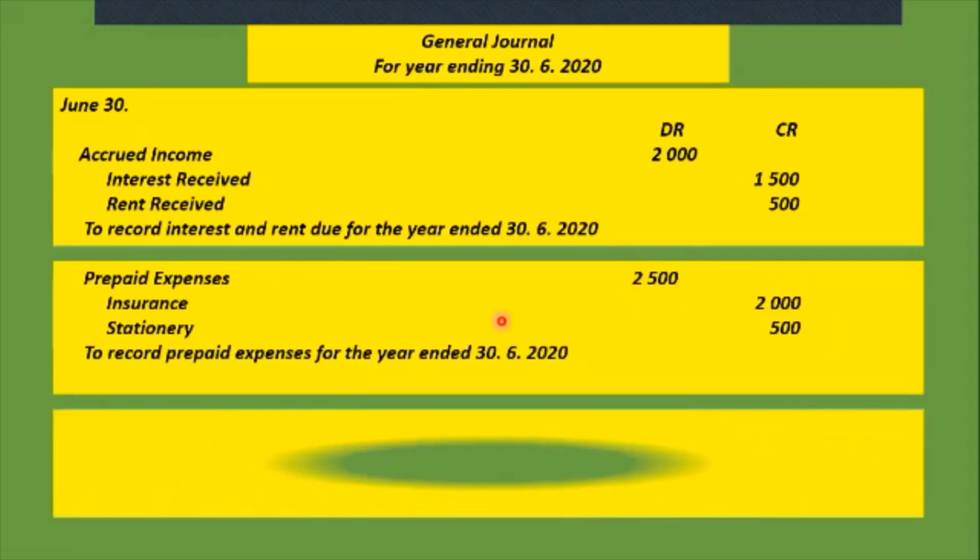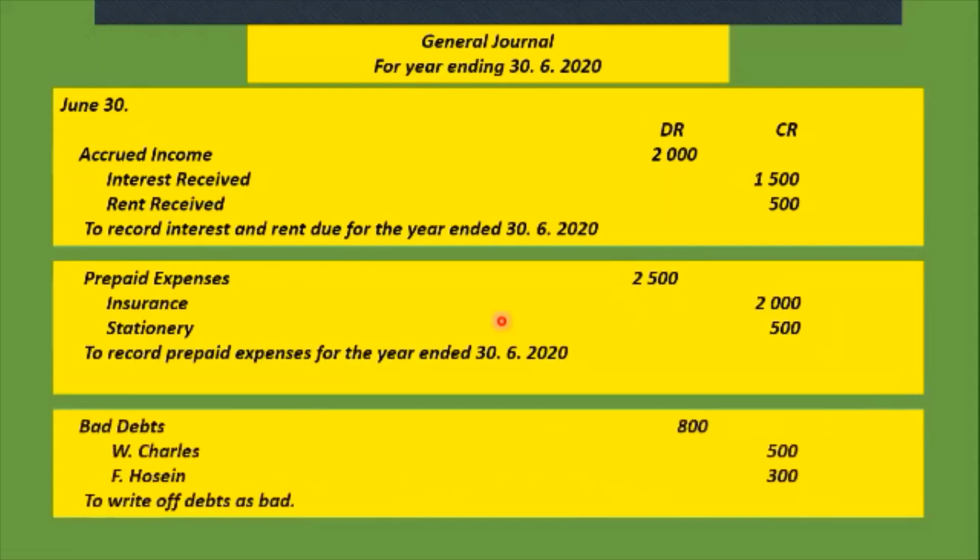Next item is the bad debts, and we write off the two bad debts for Charles and Hussein by crediting their accounts and debiting the bad debts account in the income statement with the total.